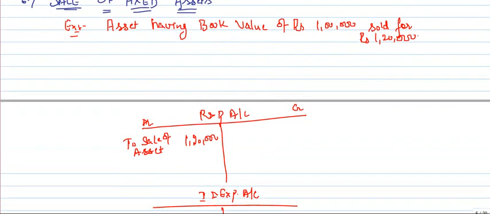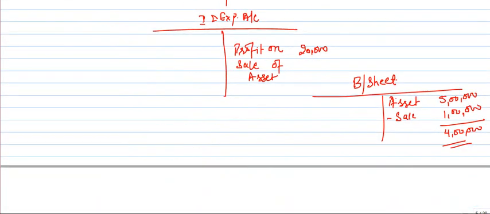Whatever the proceeds from the sale, the total amount will be taken to the receipt and payment account. Clear? Because the receipt and payment account says whatever is actually coming to your pocket, you have to record that. So you will record the whole amount, 1,20,000. In the income and expenditure account, just like the profit and loss account, you show only the profit or loss on sale.